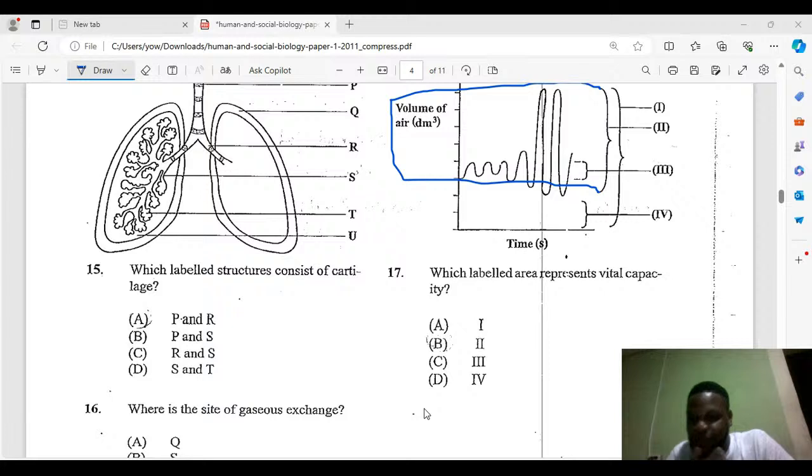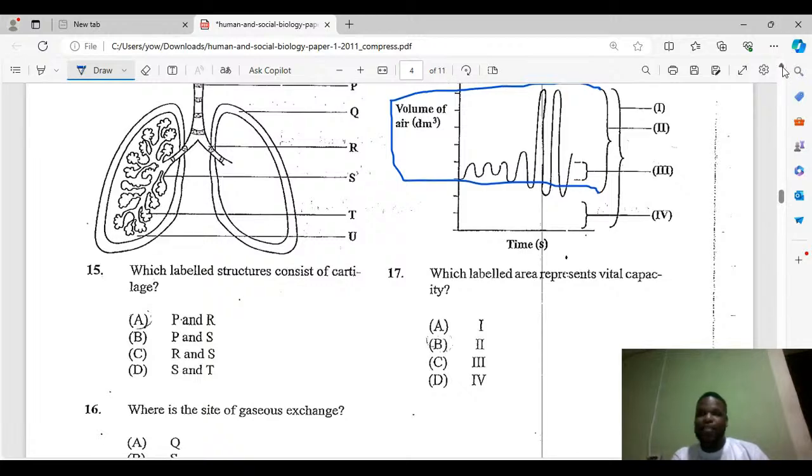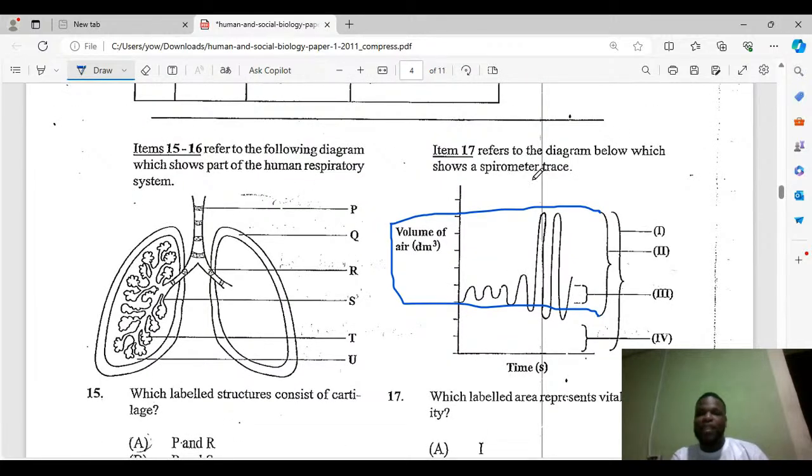You see how we get to B? Remember, vital capacity is how much air the lung can take in at one breathing. So it's how much air your lungs can actually hold at one go. And this diagram here is referring to a spirometer trace.